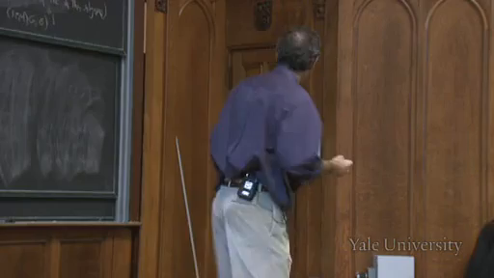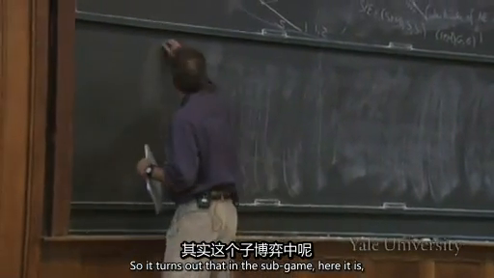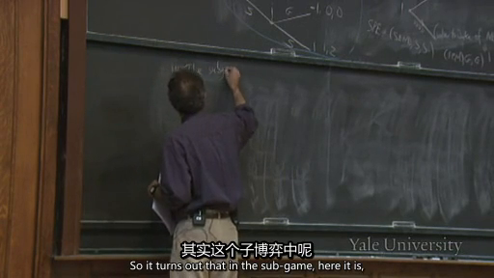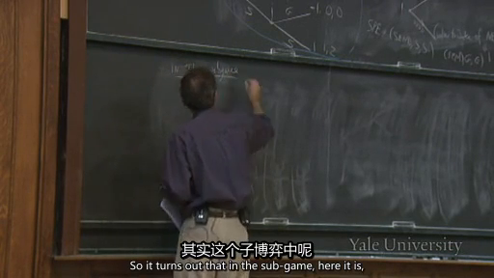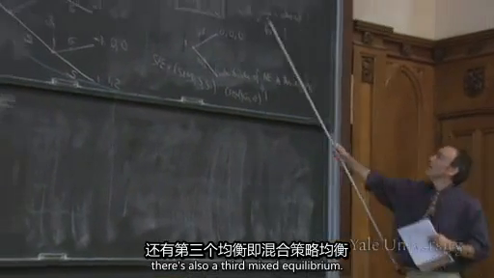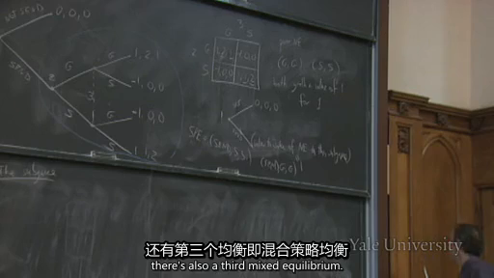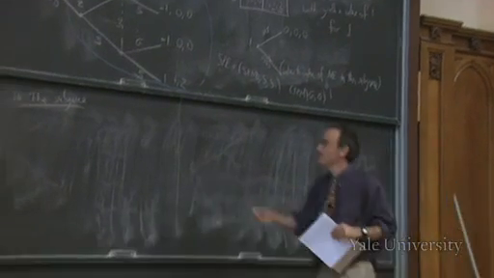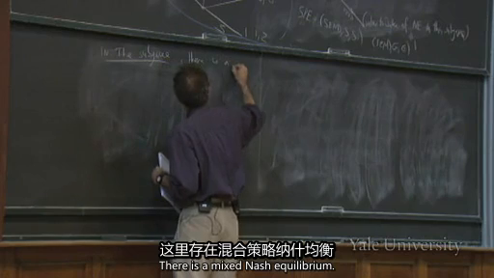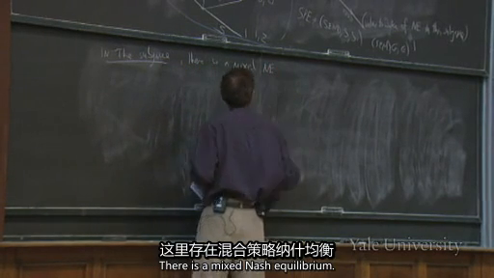So it turns out that in the subgame, there's also a third mixed equilibrium. There is a mixed Nash equilibrium.